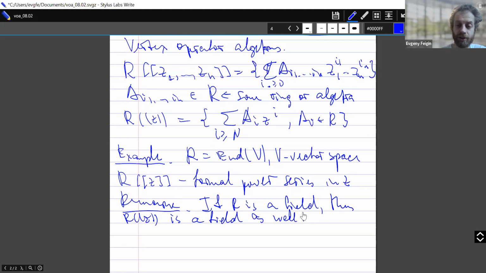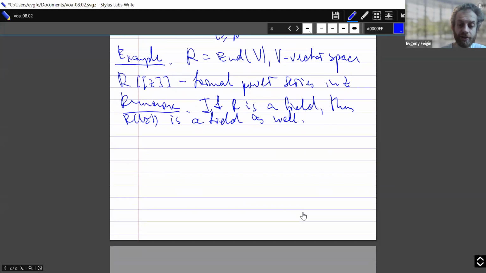In order to demonstrate the object we're going to work with, and also to have something as an example, let me put it even as a definition because it's going to be very important for us. We'll consider the following delta series, or delta function, denoted by delta of z minus w.